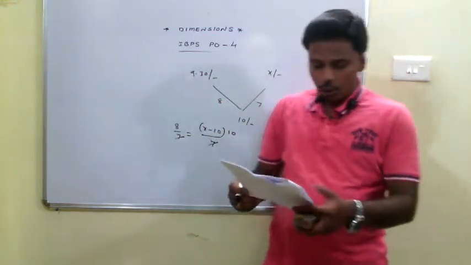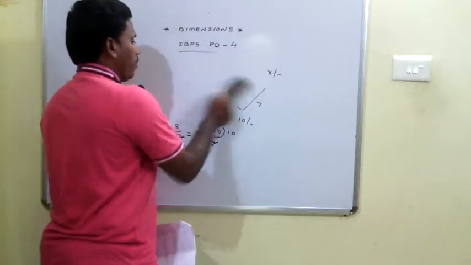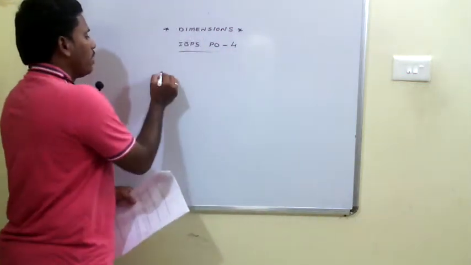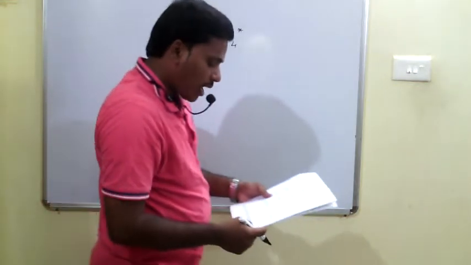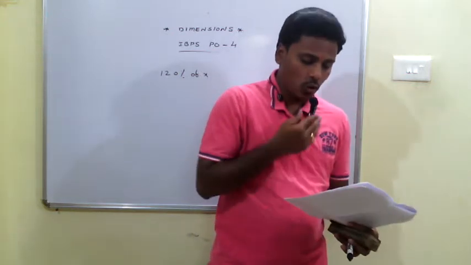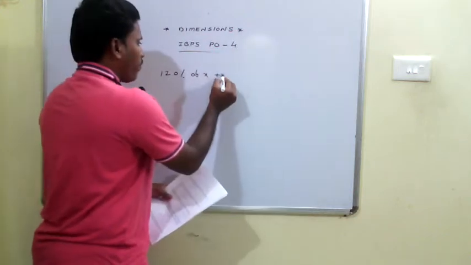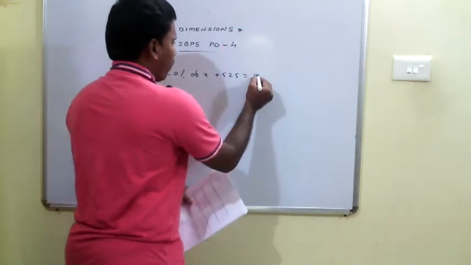Okay, whereas coming to the 20th problem, a man sold a washing machine at a profit of 20%. Since he is selling the washing machine at a profit of 20%, his selling price is 120% of x. If he had sold it for 525 rupees more, that means this price plus 525 is the new price, which will gain a profit of 25%.